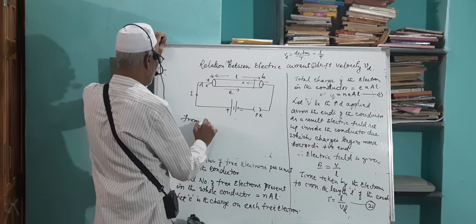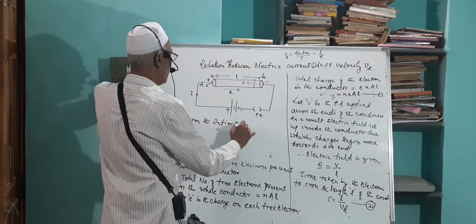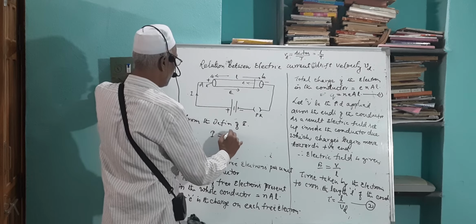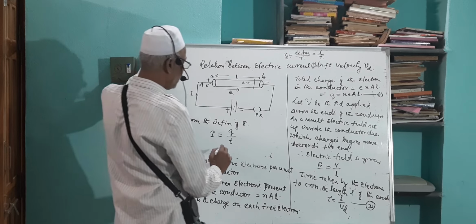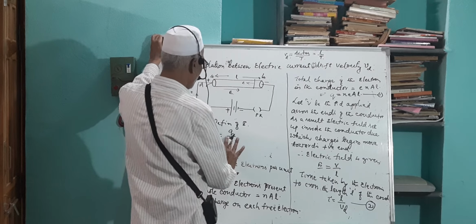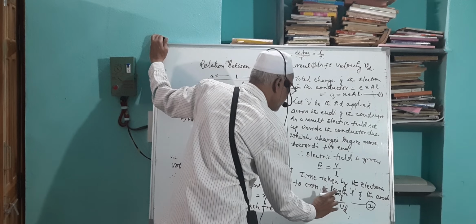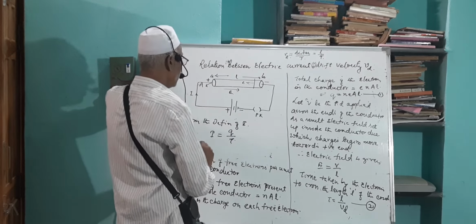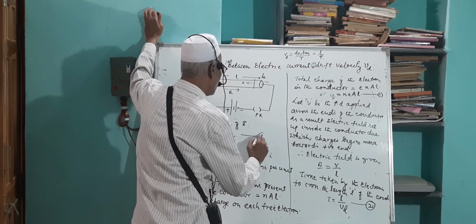From the definition of electric current, I can write I = Q upon t, where t is the time tau. You can call this equation 3.